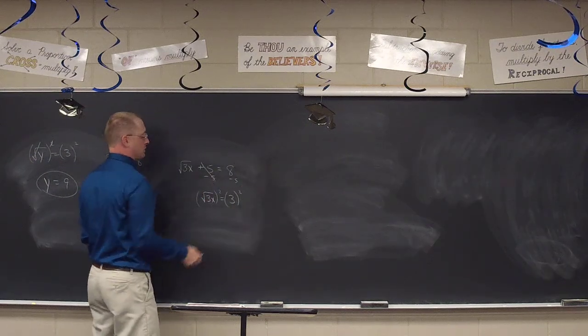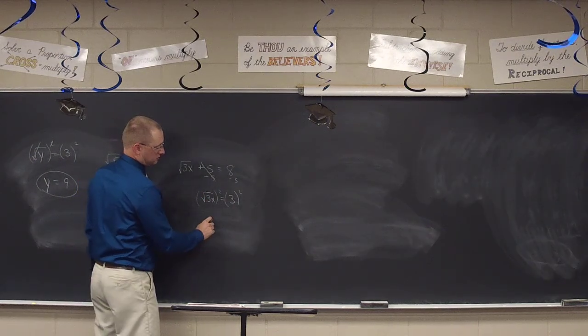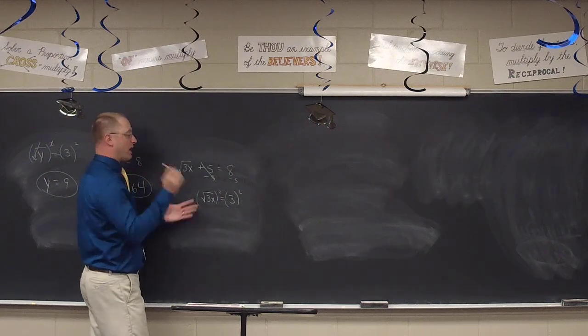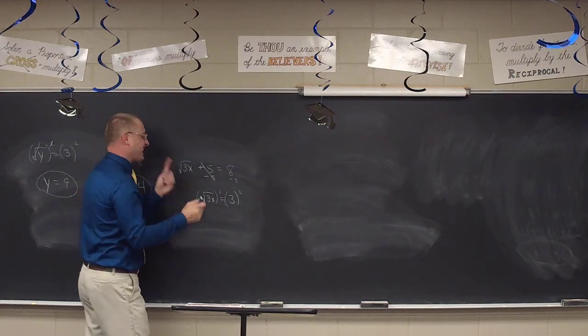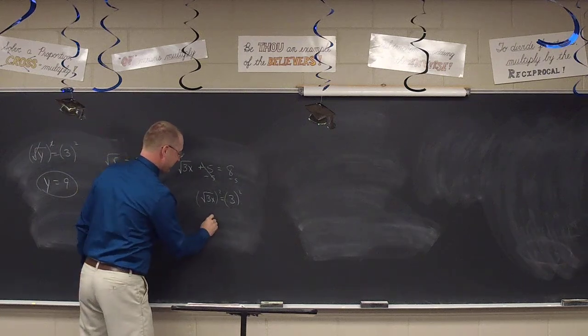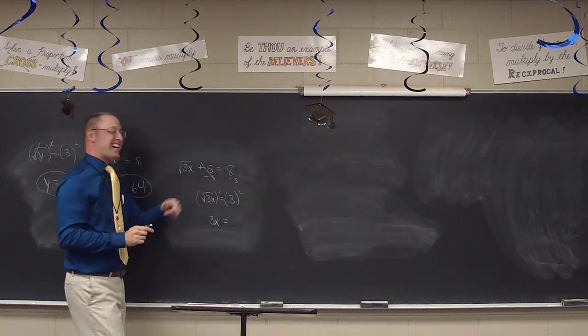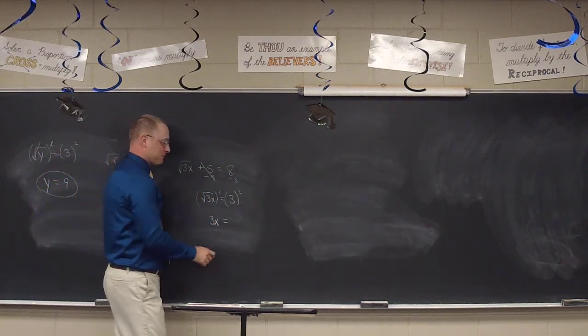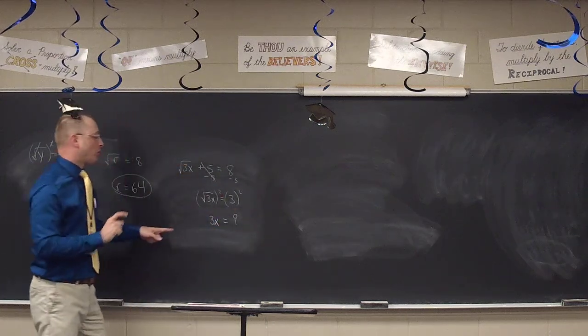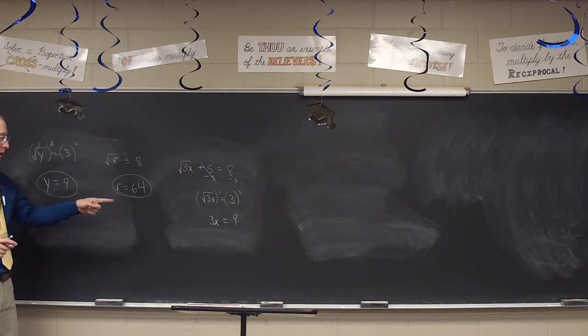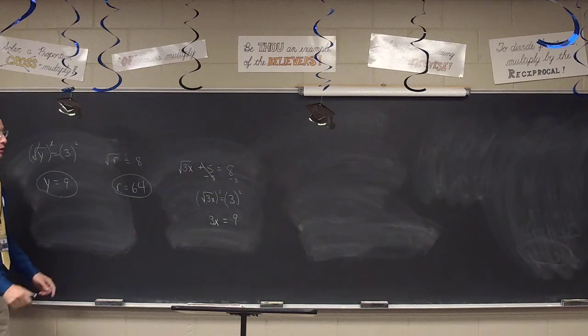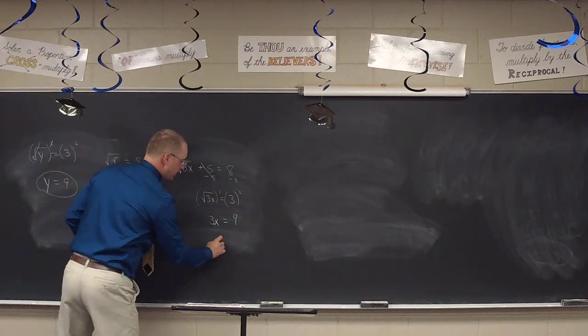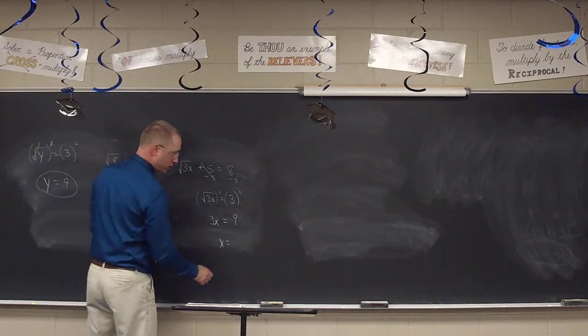When we square both sides, what do I get? No, when I square the square root, I get the radicand, 3x. Good. Don't second guess. And then on the other side, I get 9. And then we have to do one more step to finish the process, Lana, because we're not done solving yet. Divide by 3 to get x equals 3.